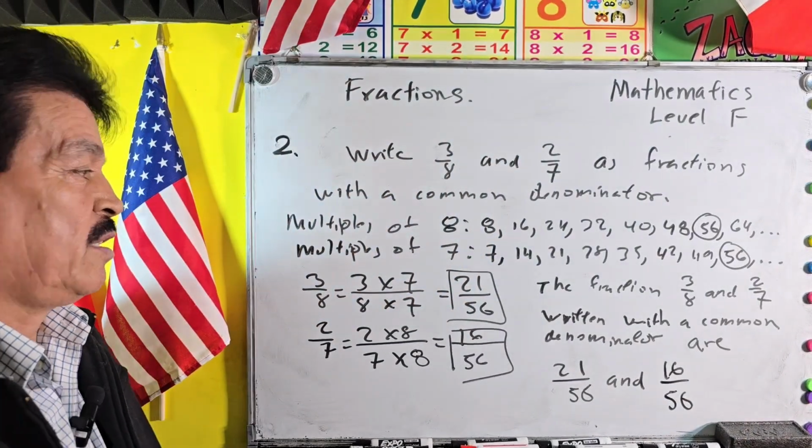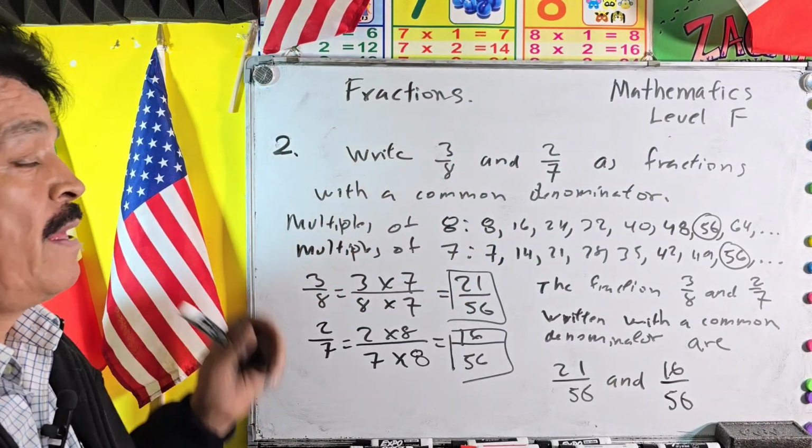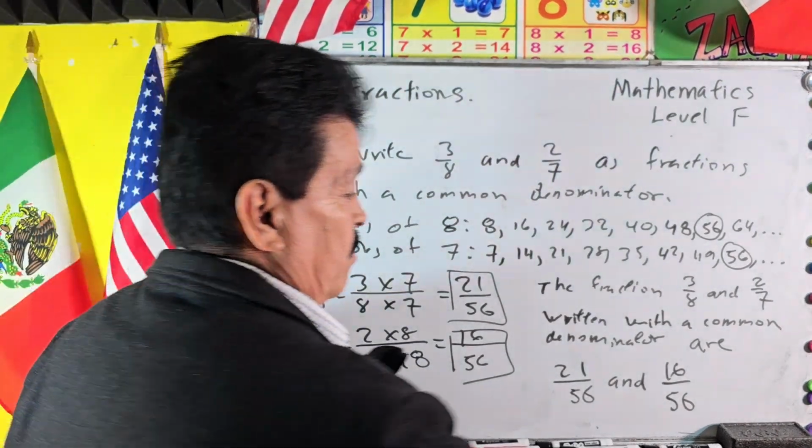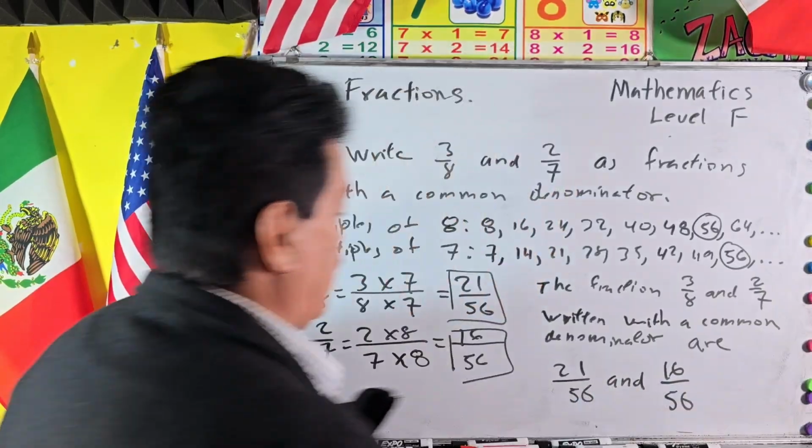That's the answer in this problem when we're talking about the greatest common divisor and the least common multiple. Okay, it is right there, the problem.